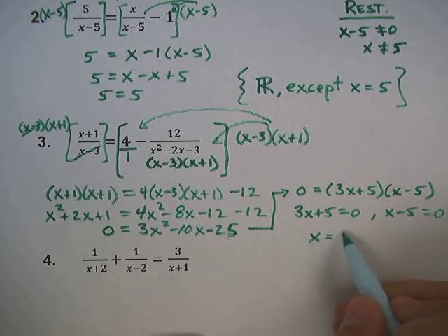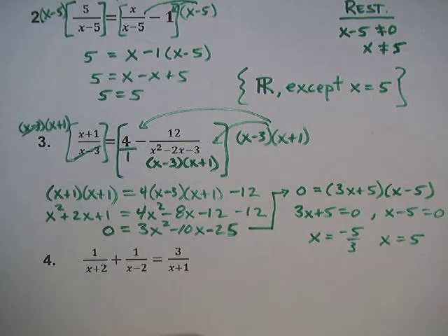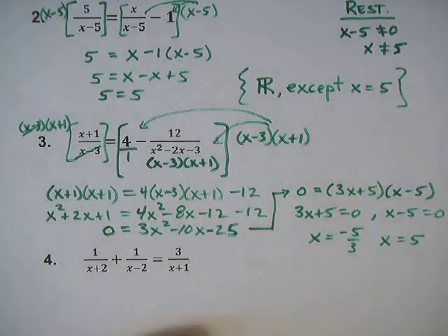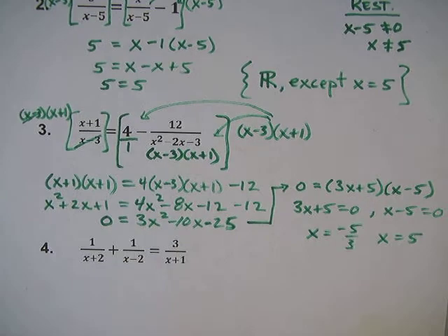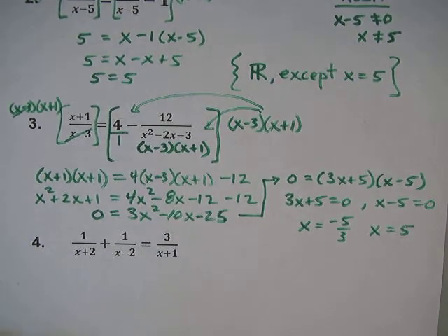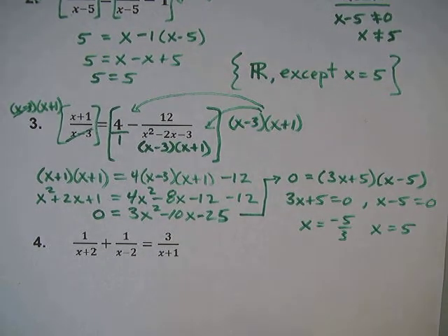That works out really nice. So the zero product property tells us 3x plus 5 equals 0 and x minus 5 equals 0. So x is equal to negative 5 over 3, and x is equal to 5. Those are our two possible solutions.